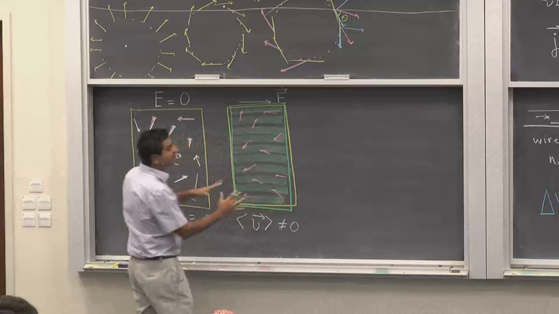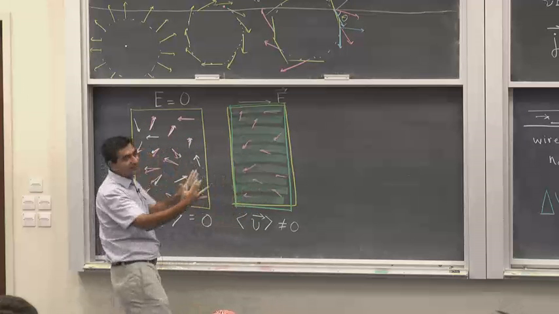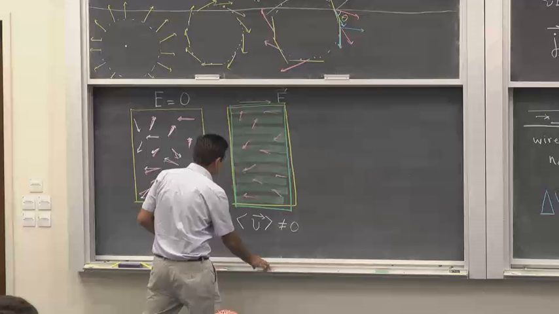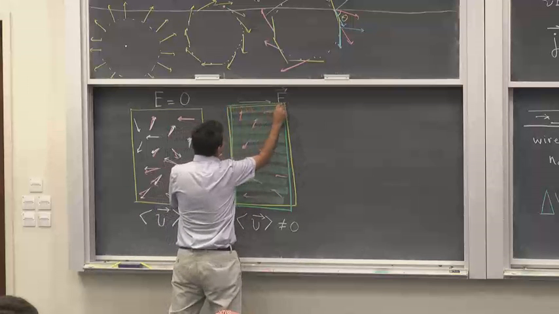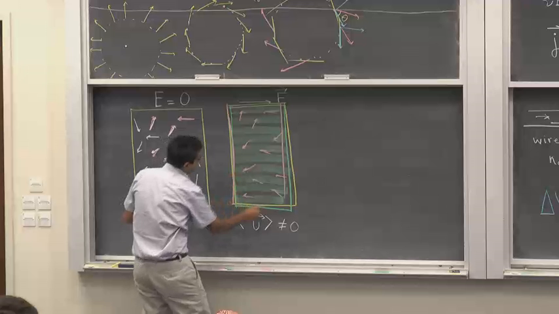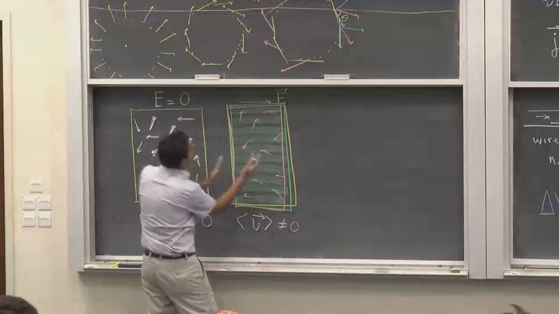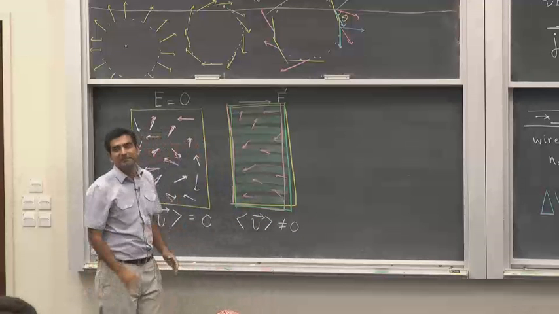This entire sea will displace towards the left. So this was the original position of the sea, and now if the electric field is applied, this entire sea is going to displace itself towards the left a little bit.